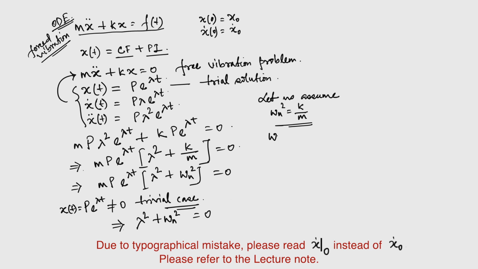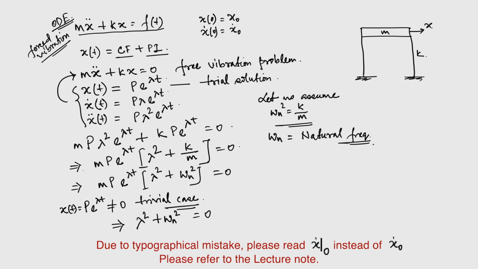Now, what is omega n? Omega n is called the natural frequency. What does it mean? Recall, we started with a frame. It has a stiffness and the mass, and the moment we identify the degrees of freedom, it is allowed to move in this direction. If we pull it in this way and then release it, what will happen?